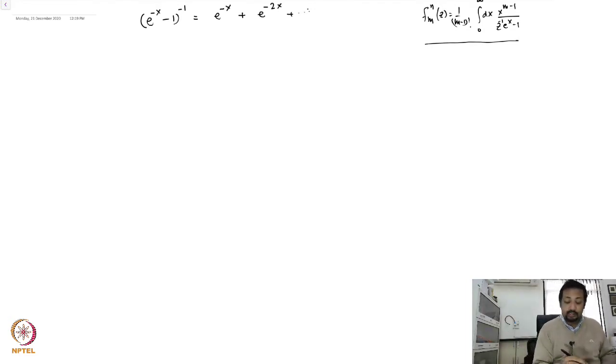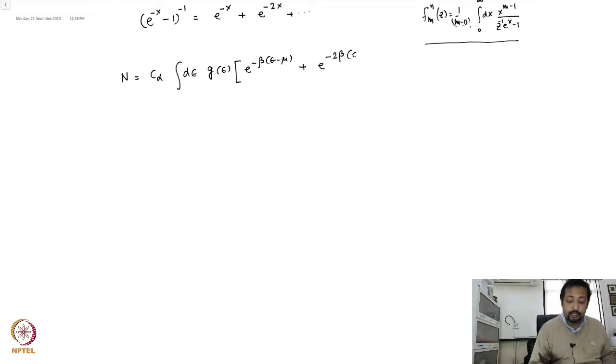With this result, I have n, which is going to be the integral d epsilon g(epsilon) times e to the power minus beta (epsilon minus mu) plus e to the power minus 2 beta (epsilon minus mu) plus higher order terms.